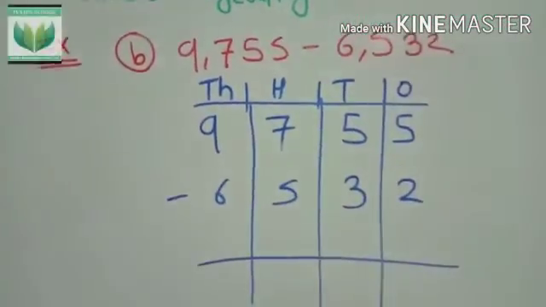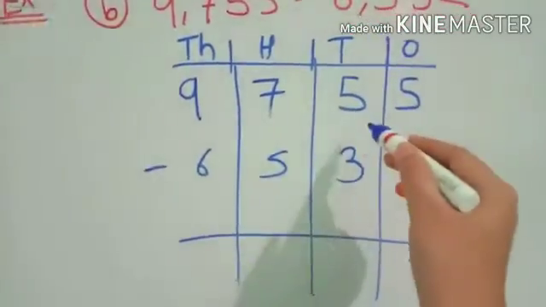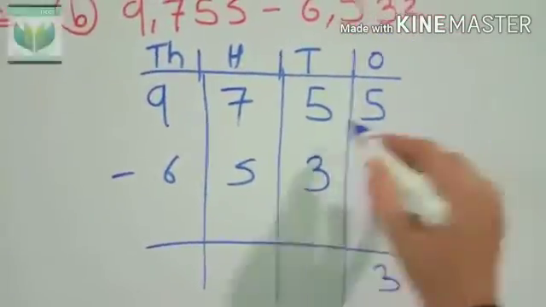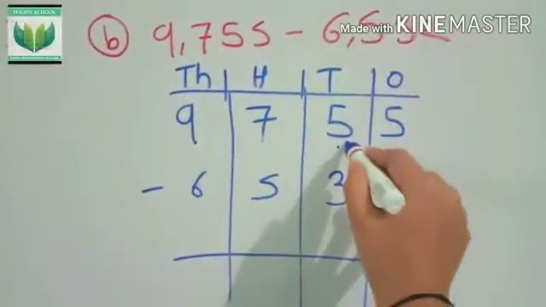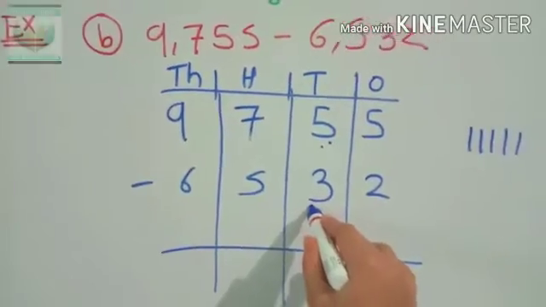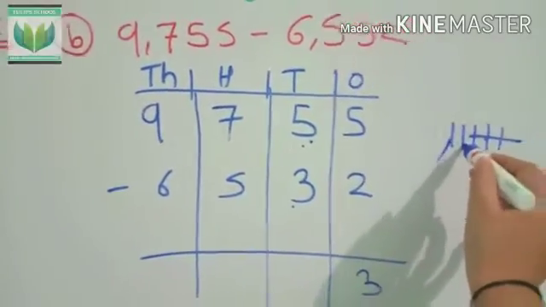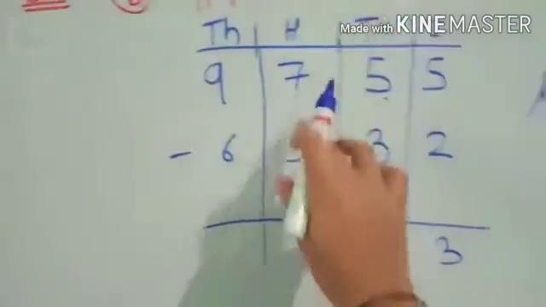Now do the minus. 5 minus 2 is 3. If you know, you can directly write it. Here in the tens place, 5: 1, 2, 3, 4, 5. How many do we have to cut? 3. 1, 2, 3. How many remain? 1, 2. Here in the hundreds place, 7.